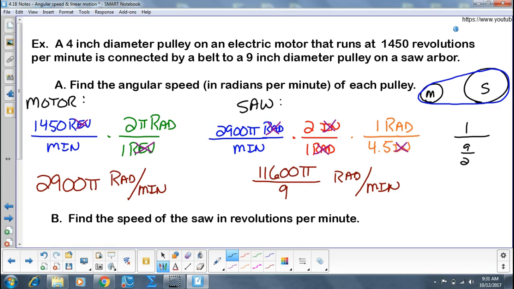Why do you multiply by 2 twice? So, if I was doing this math, this whole 1 over 4.5 is really 1 over 9/2. And so to divide by a fraction, you flip the fraction and multiply. So this fraction right here is really like multiplying by 2 radians over 9 inches.